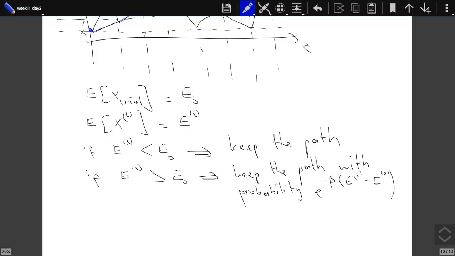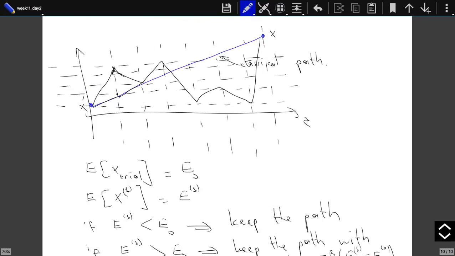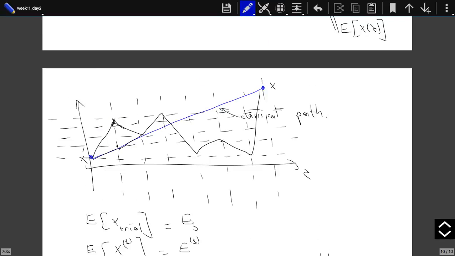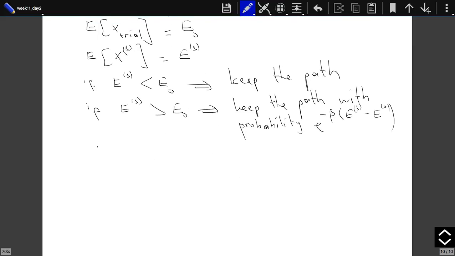You just pick a random number. If that random number is smaller than this one, you still keep the path. If it's larger than this one, you don't keep the path. You just repeat it like this. You choose another point, change it to this value, and then you have a third path. Repeat.